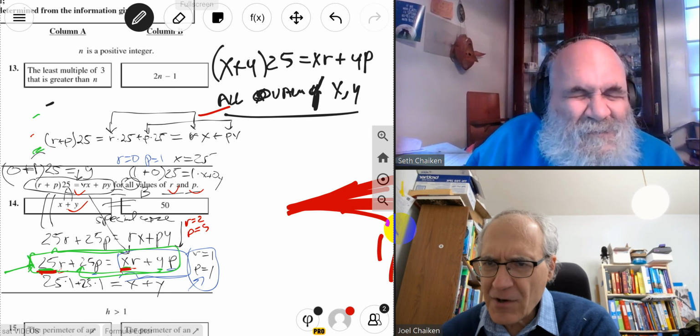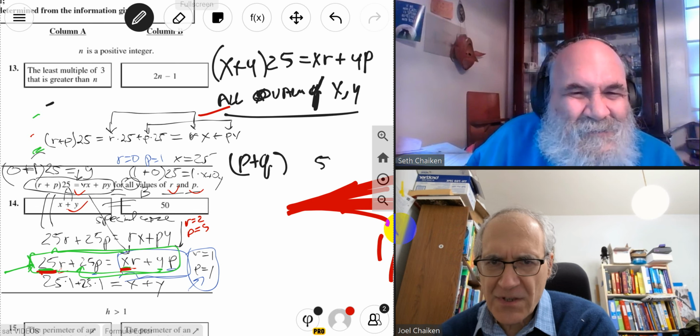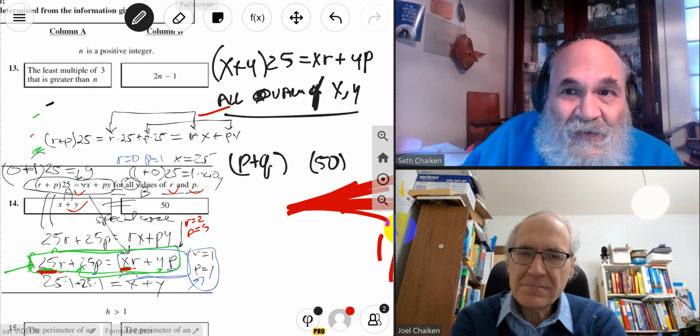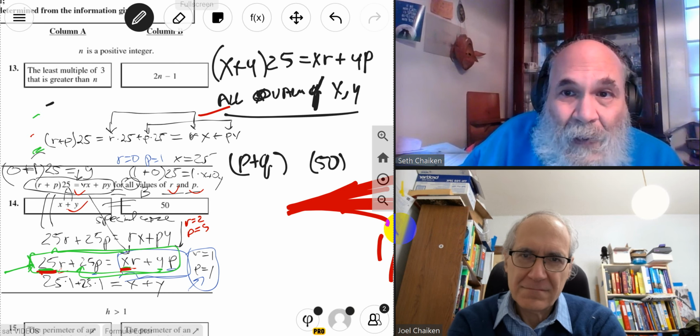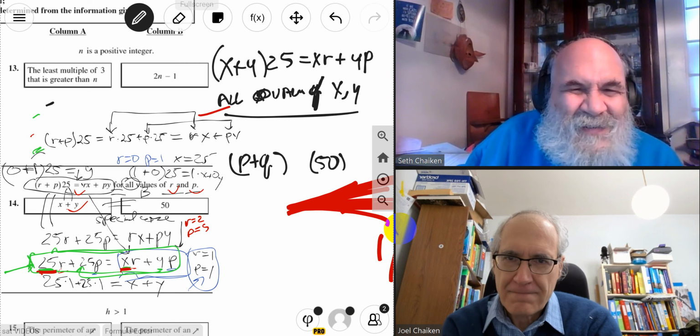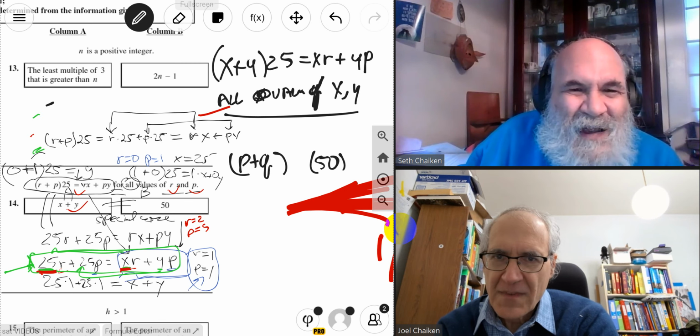And they want to know P and Q compared to 50. Yeah. And then like you did before, I'll make a thicker line. What you did before was rewrite the top. So you rewrote the top as X times 25 plus Y times 25.